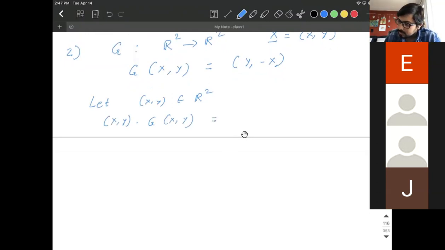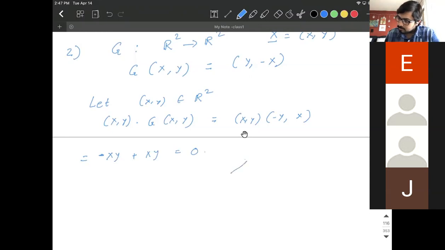So this is (x, y) dot (-y, x), so this is equal to -xy plus xy, which is 0. So what does it mean? It means that the direction the vector field gives at each vector is perpendicular to the vector, okay?